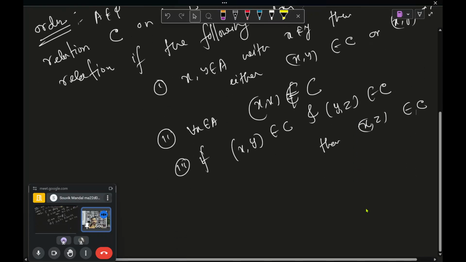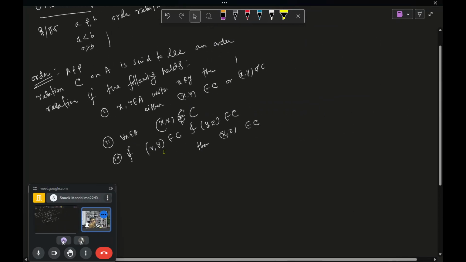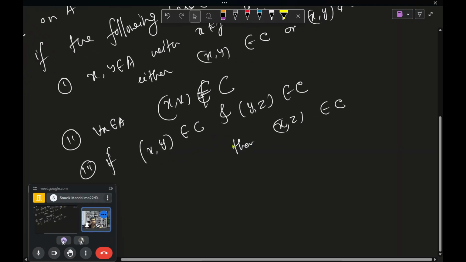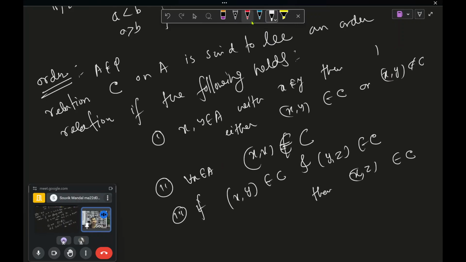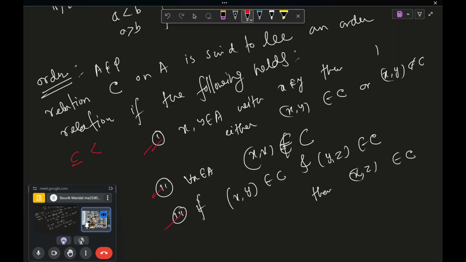If we translate the definition to our real line case, we simply consider C to be less than, and then these three properties hold. So basically, these three conditions come from the generalization of less than.